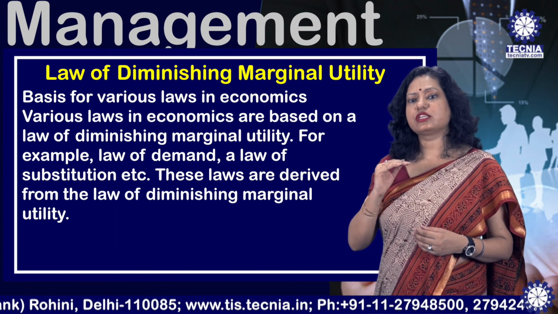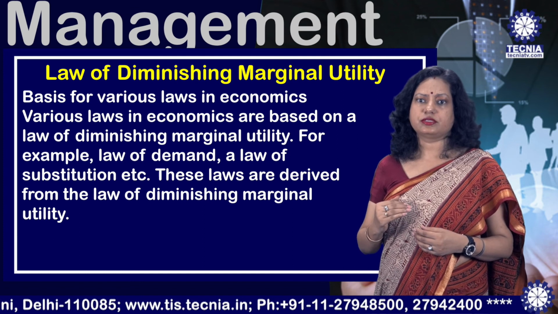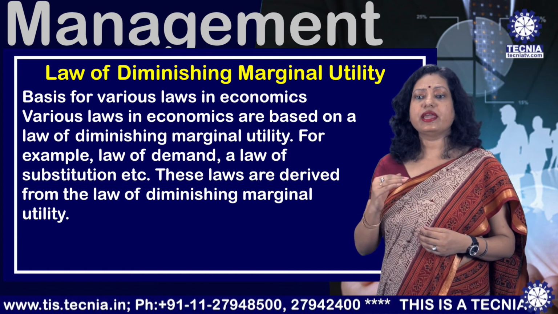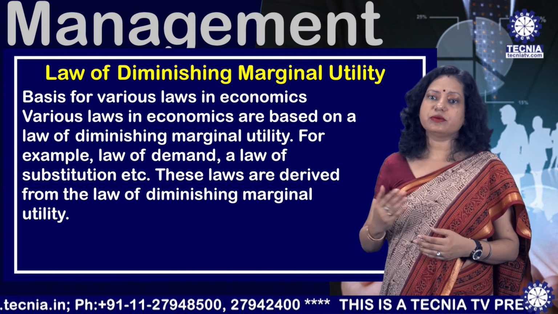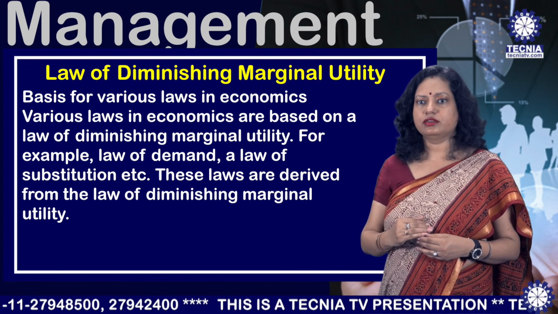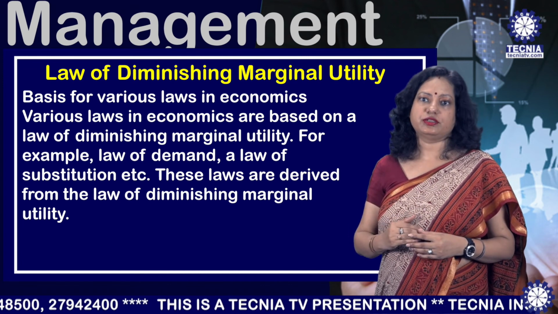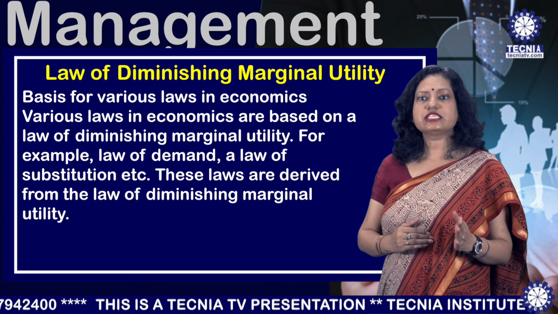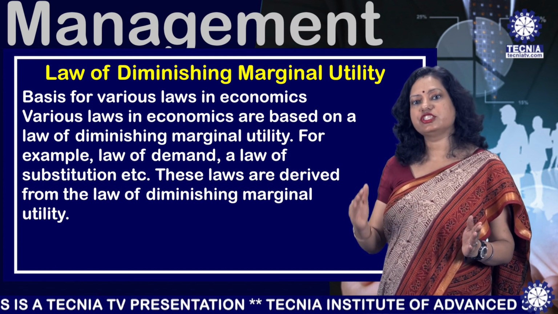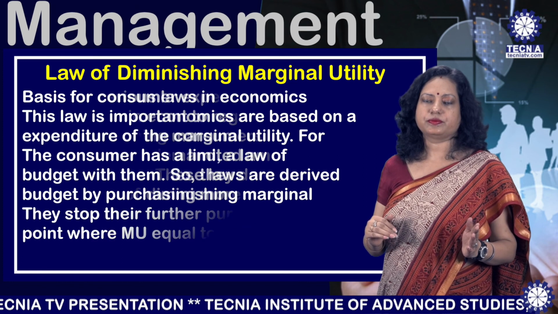Basis for various laws of economics. Various laws in economics are based on the law of diminishing marginal utility, for example, the law of demand, the law of substitution, etc. These laws are derived from the law of diminishing marginal utility.